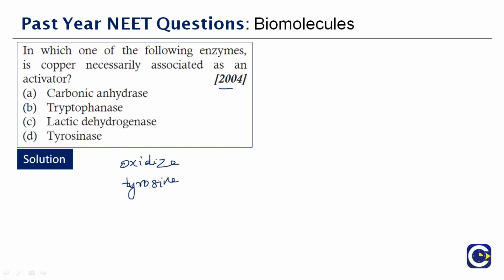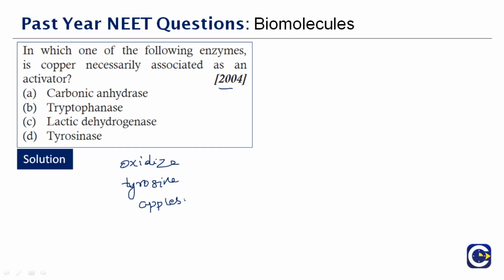It will oxidize tyrosine to the pigment melanin in mammals and causes the cut surfaces of many fruits and vegetables to darken. So the browning effect, you must have seen apples getting brown once they are exposed to air. That is because of the oxidation that happens between the apple and the atmosphere.